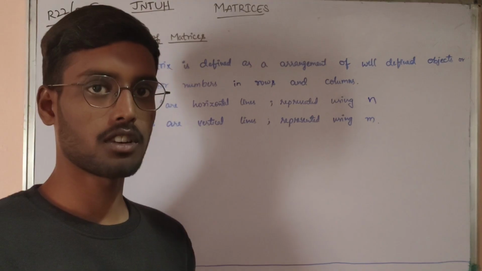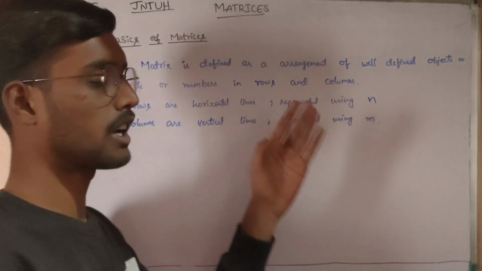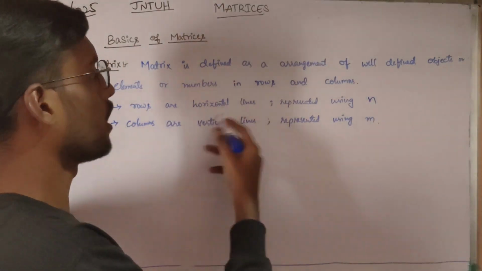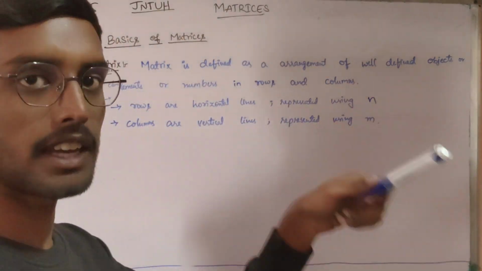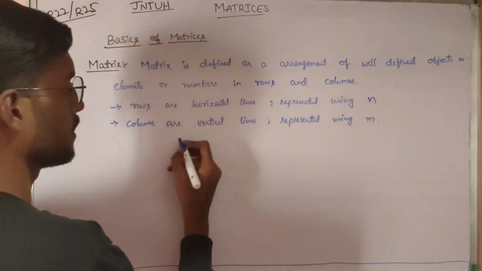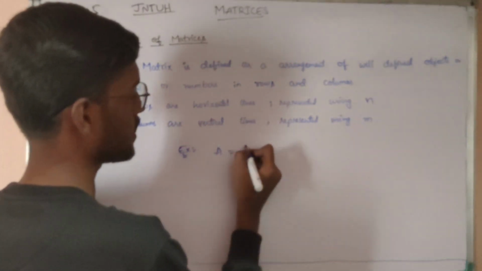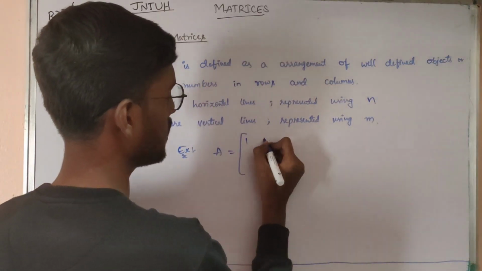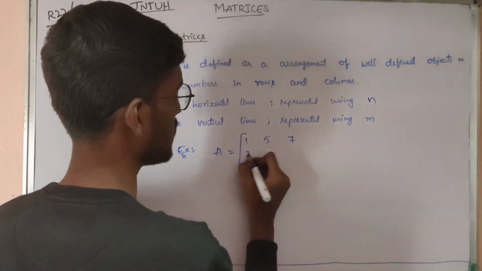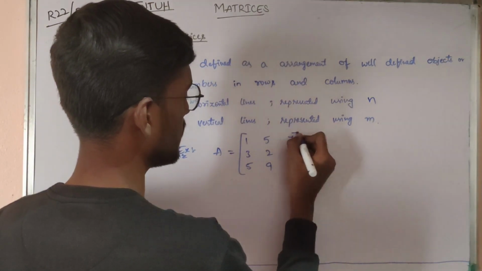A matrix is an arrangement of well-defined objects or numbers or elements in rows and columns. Rows are the horizontal lines, represented using n, and columns are the vertical lines, represented using m. For example, A is our matrix and the numbers are 1, 5, 7, 3, 2, 4, 5, 9, 8.